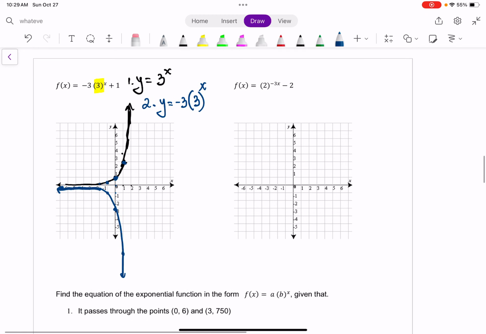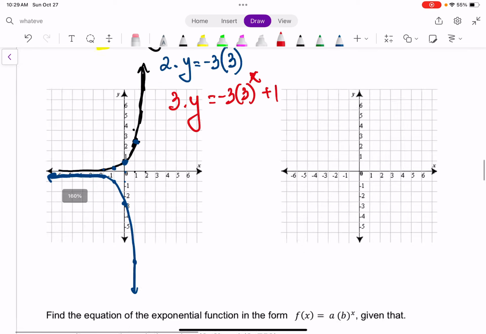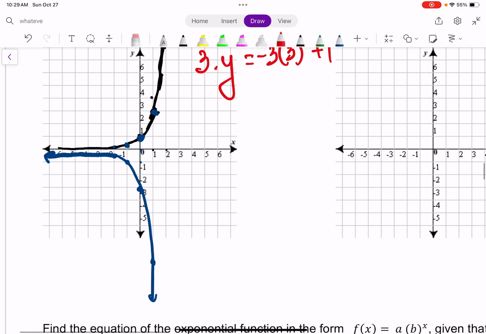And finally, +1 simply means lift this whole graph 1 unit up. So shift all these points 1 unit up. Now be very careful. As you lift all these points, there's still a barrier.